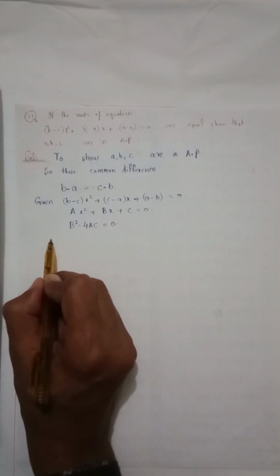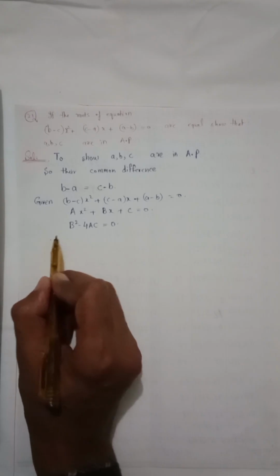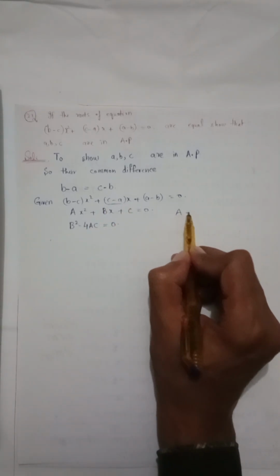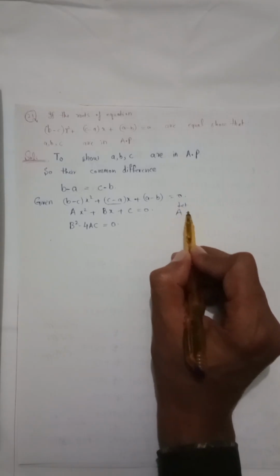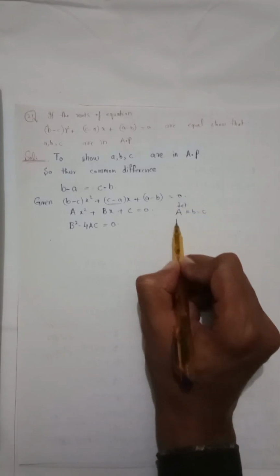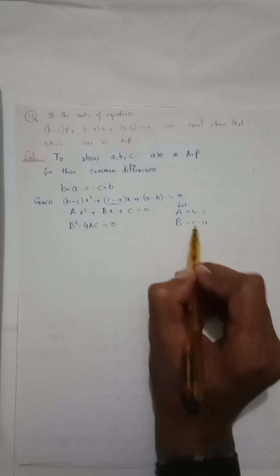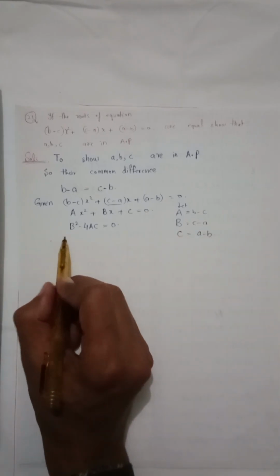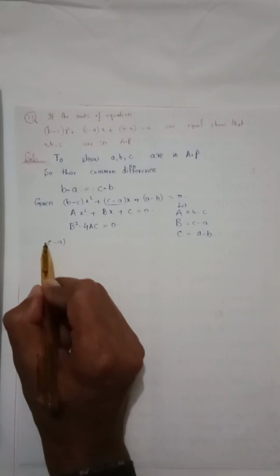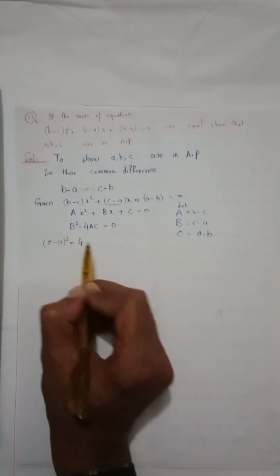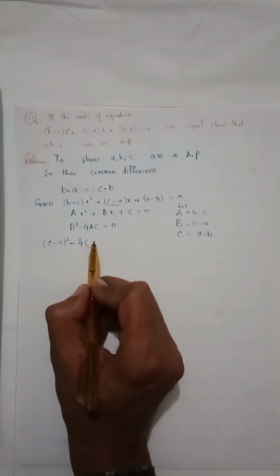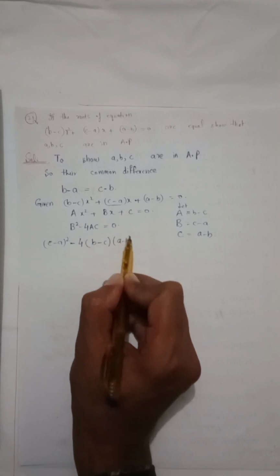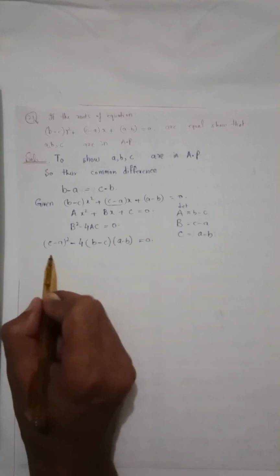So we take a equals b minus c, b equals c minus a, c equals a minus b. Put the value: (c minus a) square minus 4 into (b minus c) into (a minus b) equals 0.